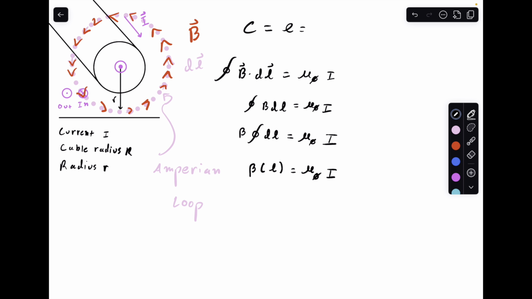C equals L, where C is circumference, is equal to, well, what is circumference equal to? 2 pi times, well, what's the radius of our Amperian loop? It's going to be little r, because that's the radius at which we want to measure the magnetic field. Therefore, that's the radius our Amperian loop has to take on.